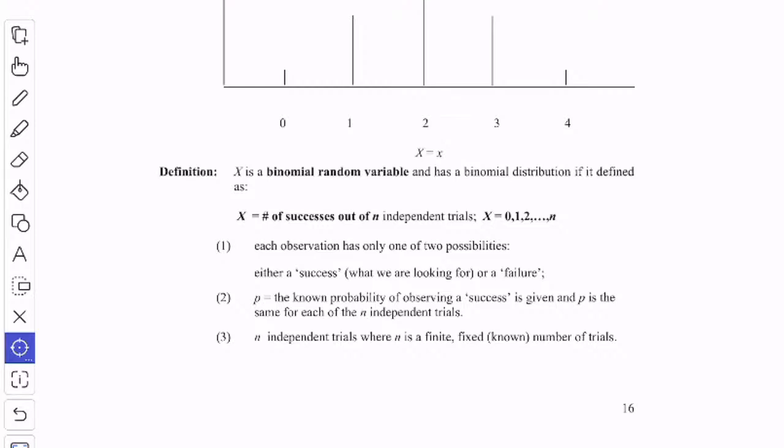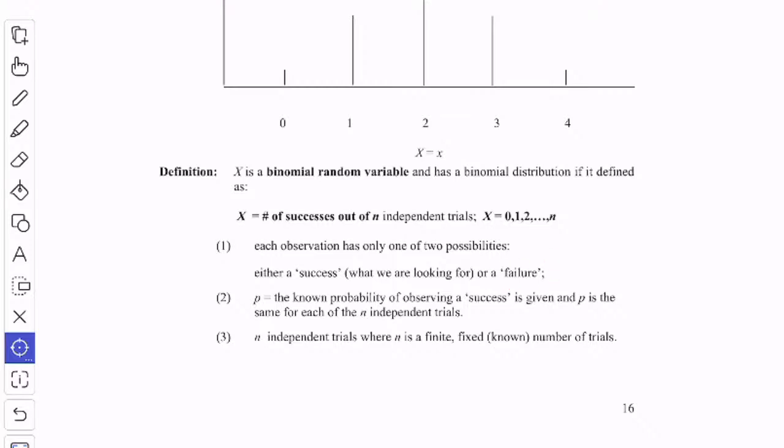So you need to confirm that each time you look to observe a success, there's either one of two possibilities: a success, and if it's not a success, it's a failure. Now these are harsh terms, but they're used in statistics to speak about the phenomenon of interest and anything else.